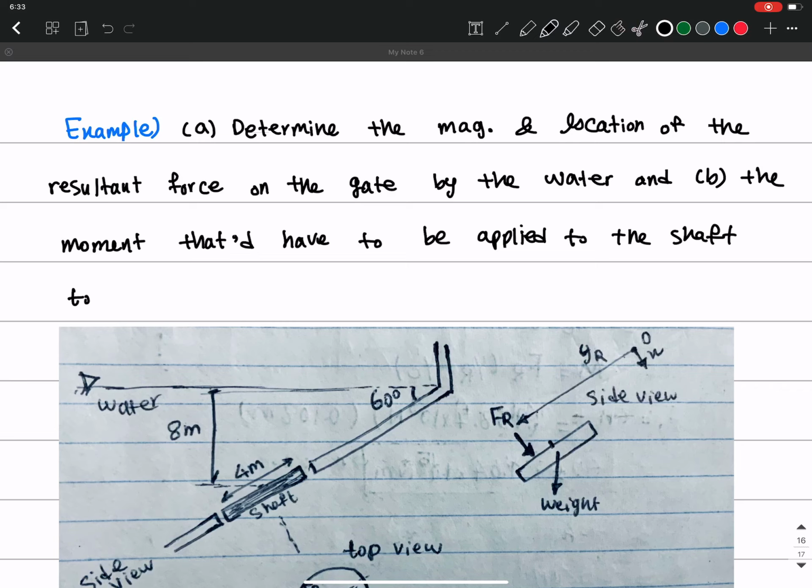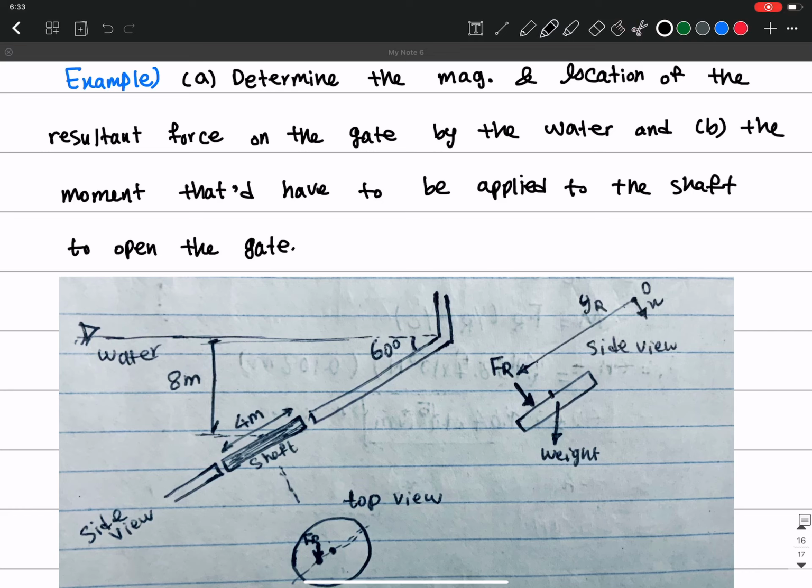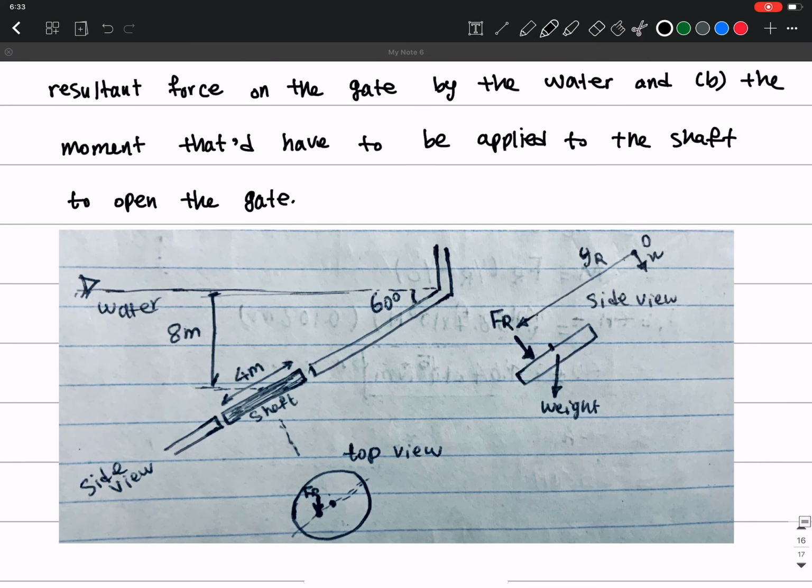So first we want to determine the magnitude and location of the resultant force on the gate by the water, and then we want to calculate the moment that would have to be applied to the shaft to open the gate. So this is the geometry of our problem.